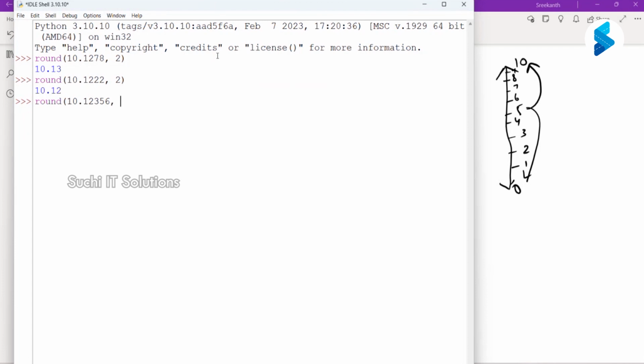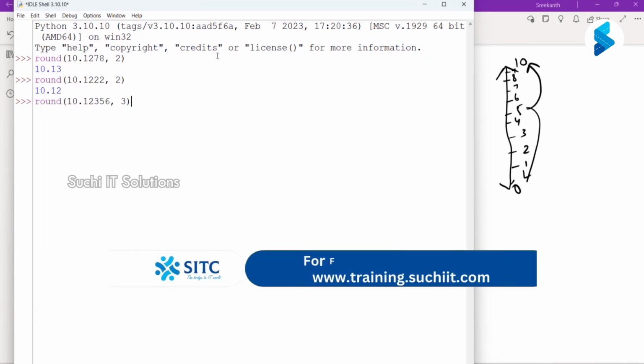If I have to round it to 3 decimal points, what would be the output here? 10.124, because anything equal to or greater than 5 would always fall to the next number.